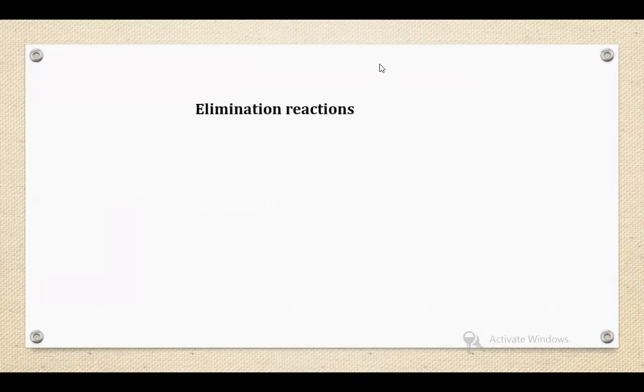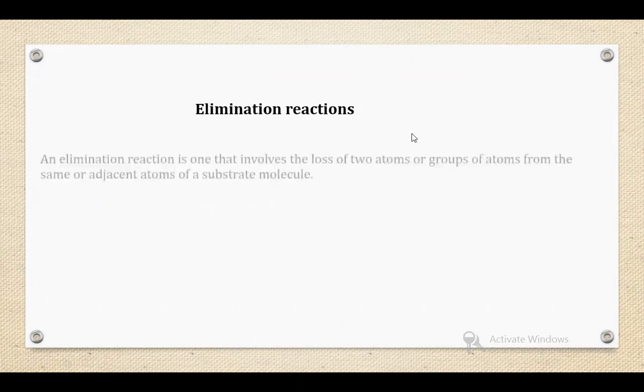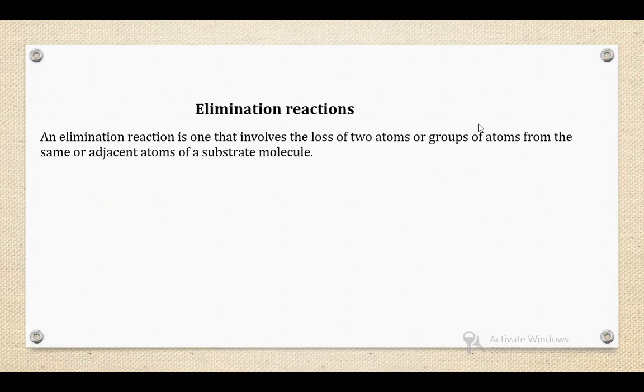Next is elimination reaction. We'll be seeing two types of elimination reaction: one is alpha elimination, another is beta elimination. The name itself indicates removal. So an elimination reaction is one that involves loss of two atoms or groups of atoms from adjacent atoms of the substrate molecule.